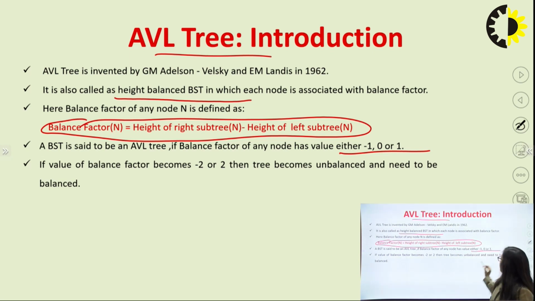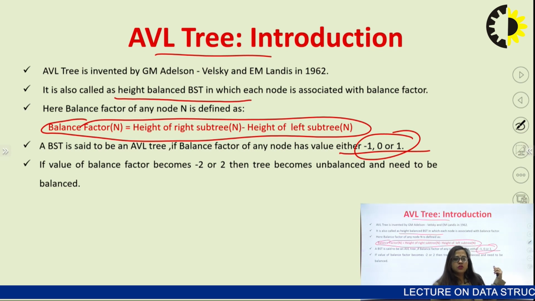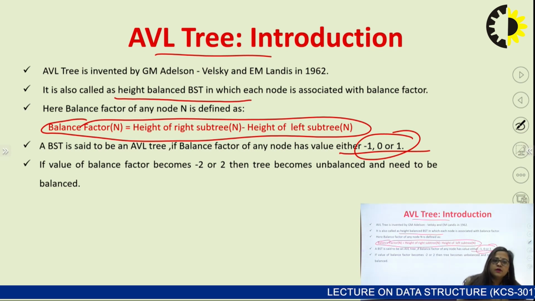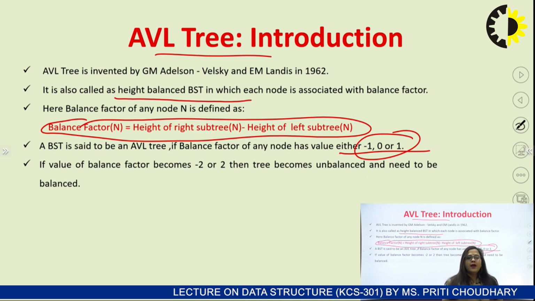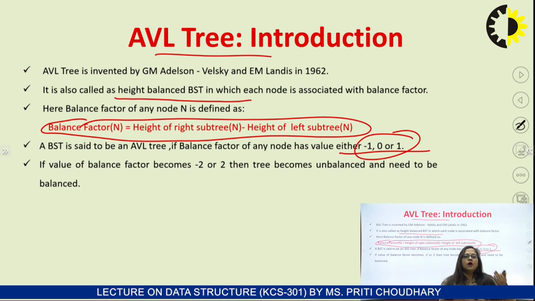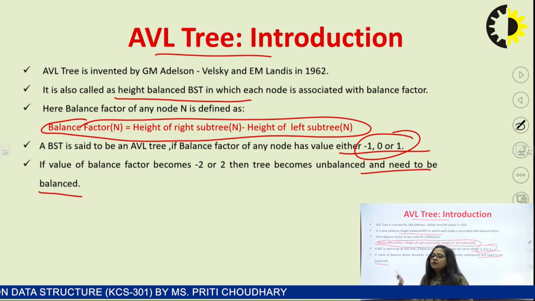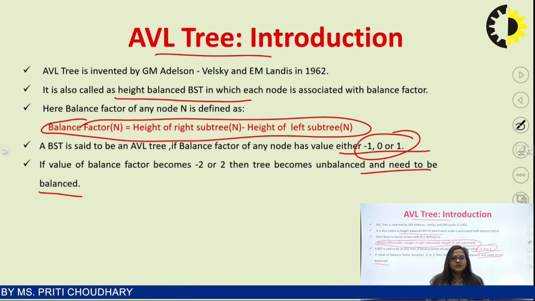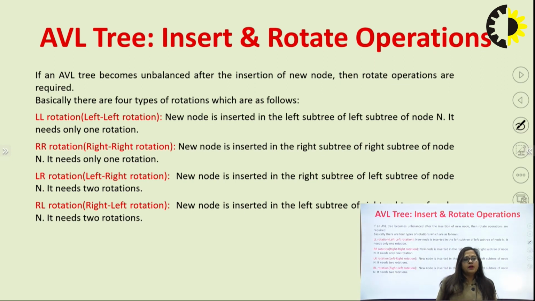If the balance factor is -1, 0 or 1, there is no change. If the balance factor is 2 or -2, then that BST needs to be balanced by some rotation. These are the rotations used to remove the imbalance of -2 and +2.